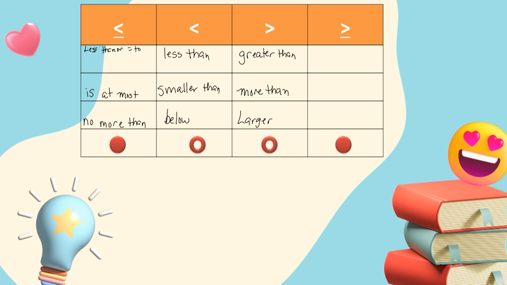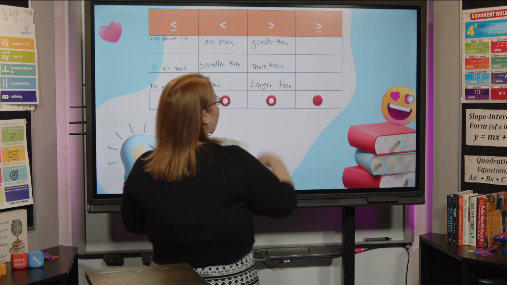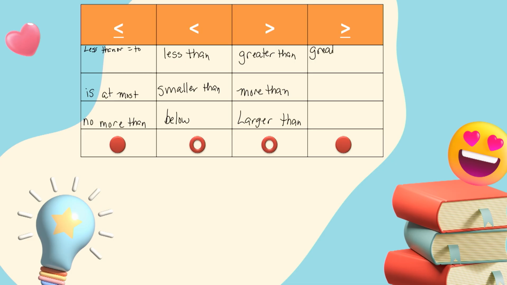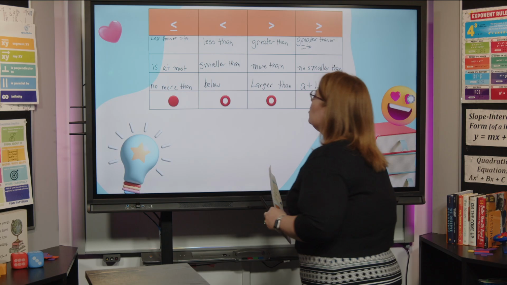Making sure that everything is bigger than what's behind it. Noticing that I have an open circle for my greater than, open circle for my less than, and then our last one is greater than or equal to. So I have greater than or equal to. Also, no smaller than. That's a new one that we've probably not seen as much. And then our last one is at least.